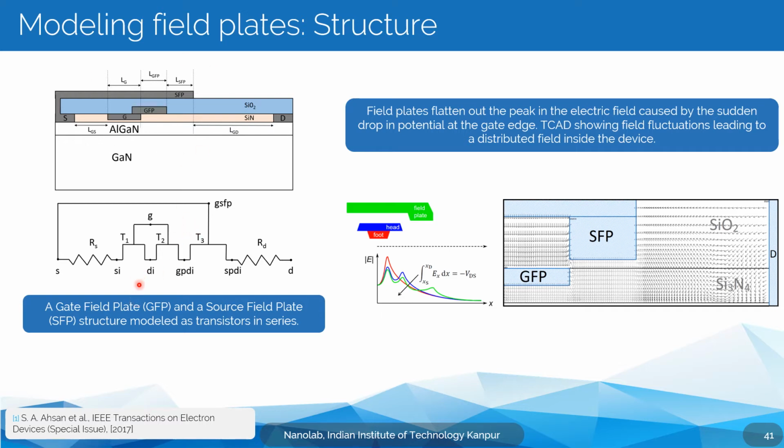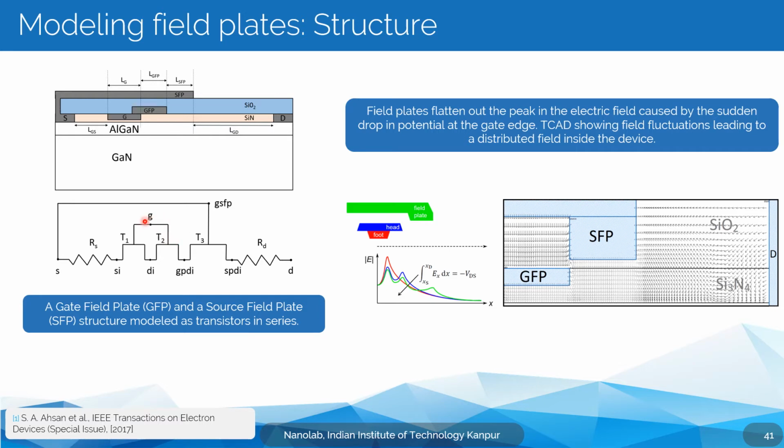So you have an intrinsic transistor, and the number of these additional transistors is user defined. You can define how many field plates you want. The current beta allows up to 4 field plates on the drain end as well as the source end, so you can have 4 field plates on each end. This field plate is a gate field plate since it is connected to the gate.